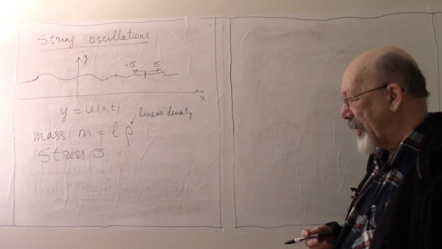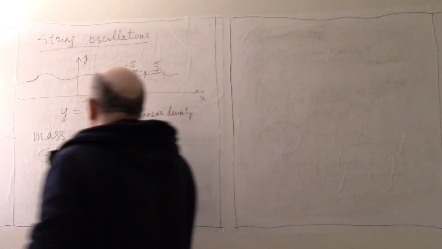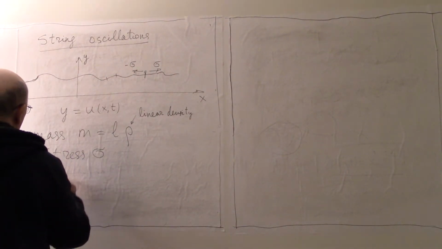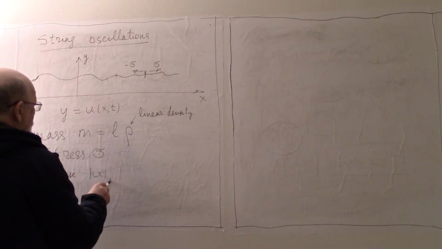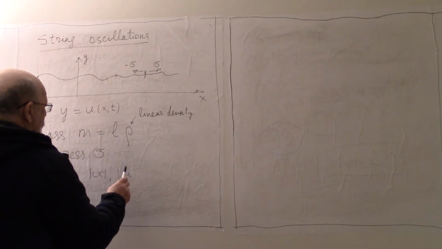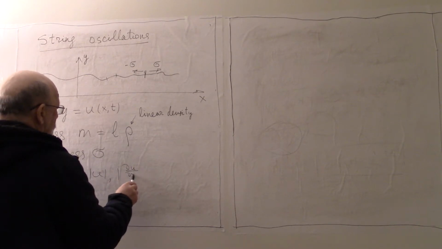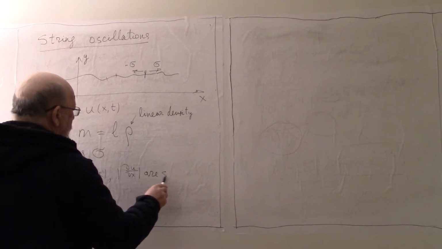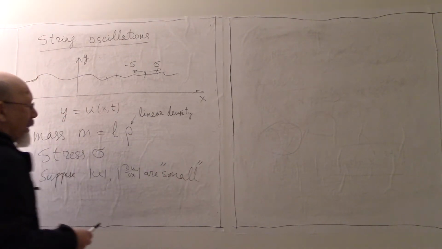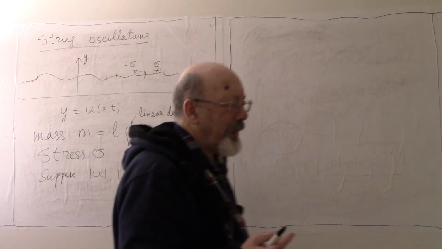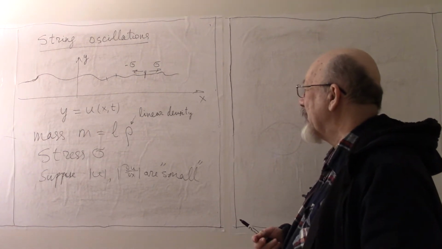Sometimes it is far from reality, but we consider this case. So suppose the modulus of u and the modulus of du/dx are small. Small means, in different situations, different things, as small as we need.